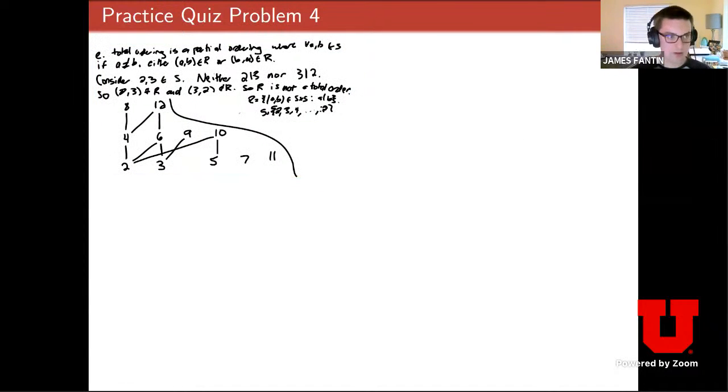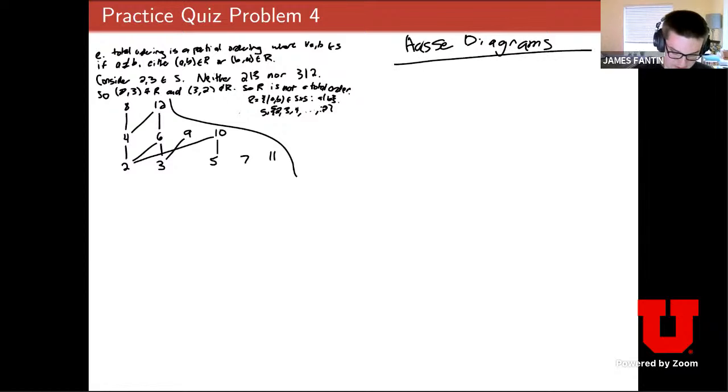But yeah, so what we do with Hasse diagrams, and kind of the rules. They're only for partial orderings. So for us to draw a Hasse diagram, we need to make sure first it's reflexive, antisymmetric and transitive.